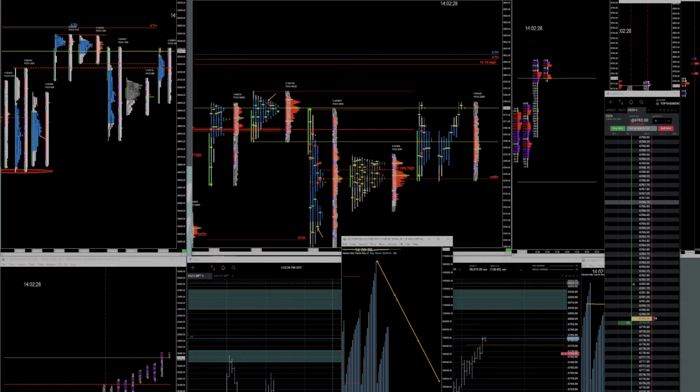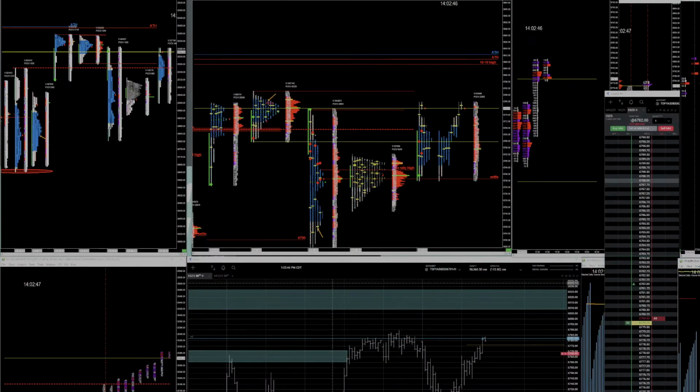Now, what I need here is the take, right? It may come a little bit, maybe a couple of ticks again, on one market come back down below this level and getting back inside this.